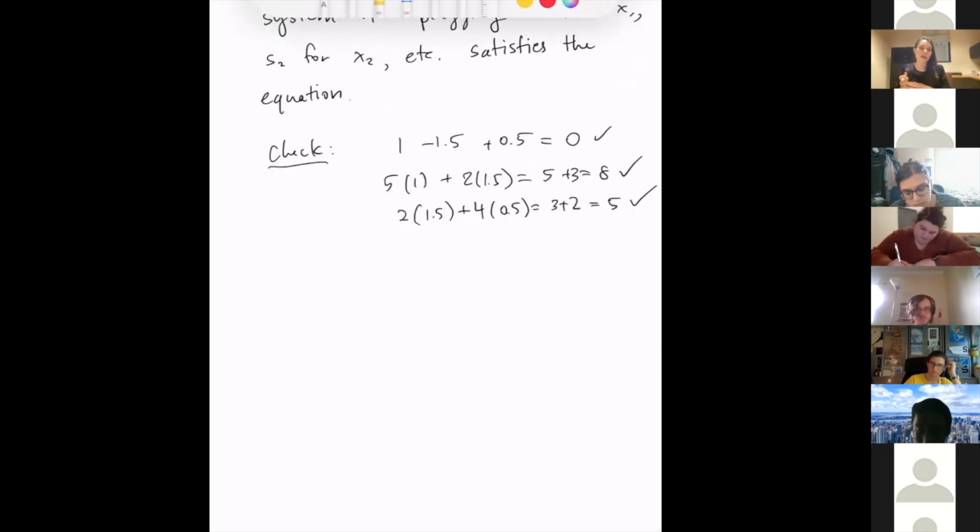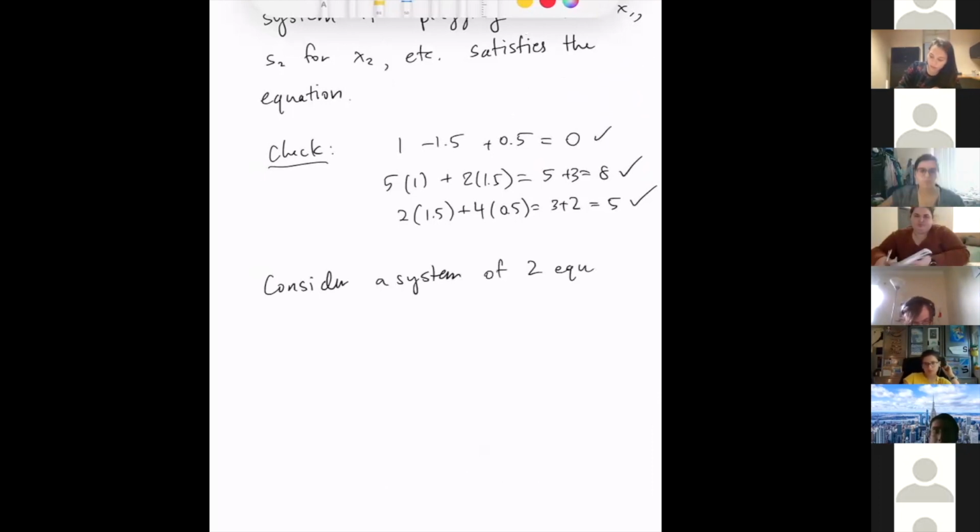Now, thinking about what happens when we have 2 equations and 2 variables. This one is something that we should be familiar with, so we'll start there. 2 equations and 2 variables.